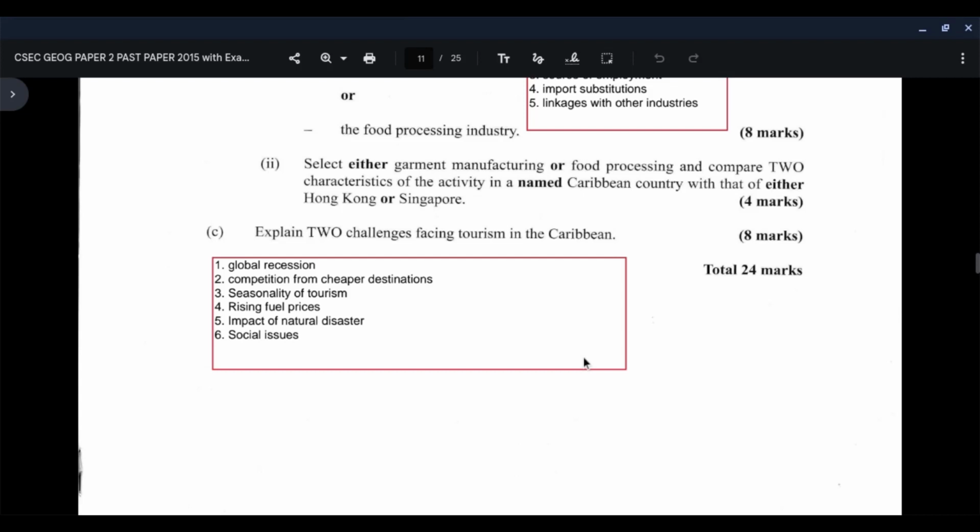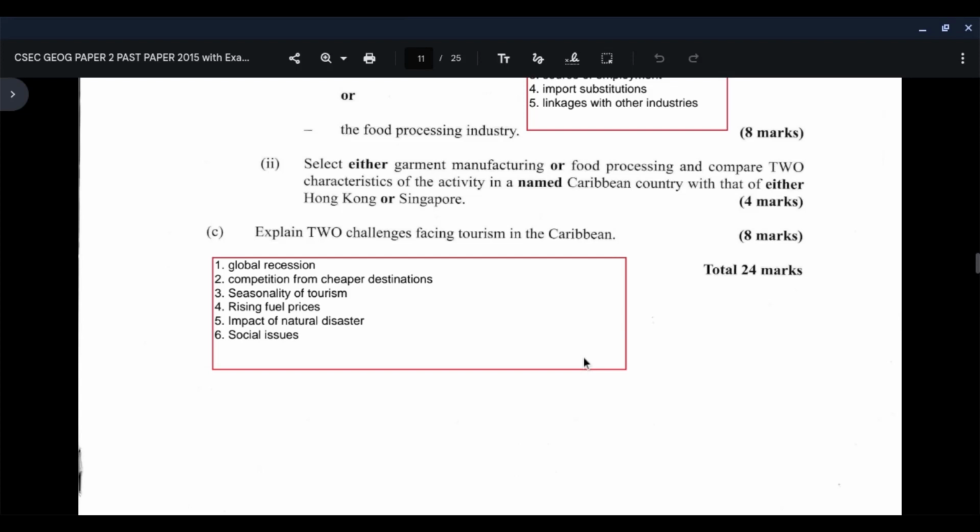Part C asks that we explain two challenges facing tourism in the Caribbean. Now, in the Caribbean, the tourism industry is facing a lot of challenges, including global recession, competition from cheaper destinations, seasonality of tourism, rising fuel prices, impacts of natural disasters, and social issues.